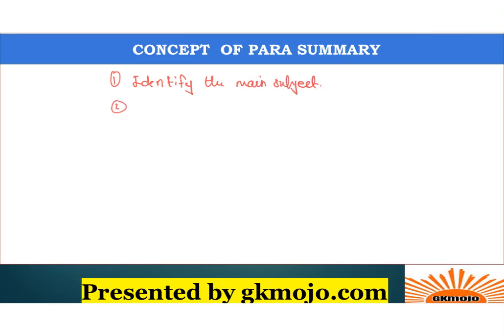If this is possible for you, you should start linking the ideas in parasummaries. After doing this, you have to identify a summary for yourself. Without looking at the options, you should make up a short summary, based on the reading that you have done up till now.